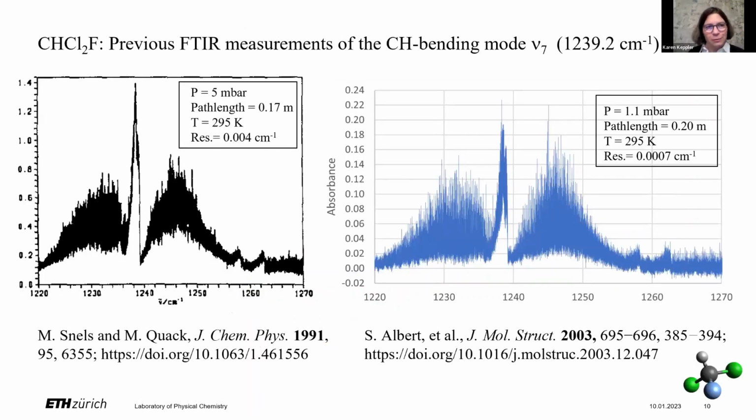To give you a bit of perspective on how nice these spectra are, we've done a lot of previous FTIR measurements with this molecule in Zurich. And what you see here on your left are some original measurements performed by Marcel Snels using the Bomem. On the right, you see more recent measurements with the Bruker, which are also a very good line width with fairly high resolution.